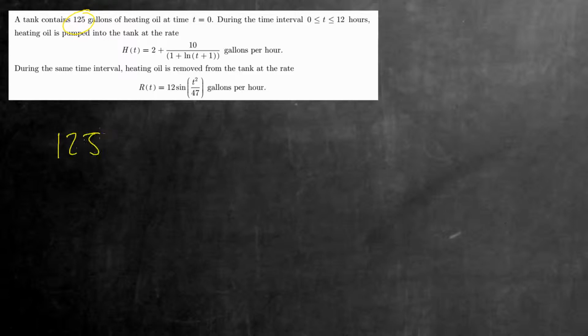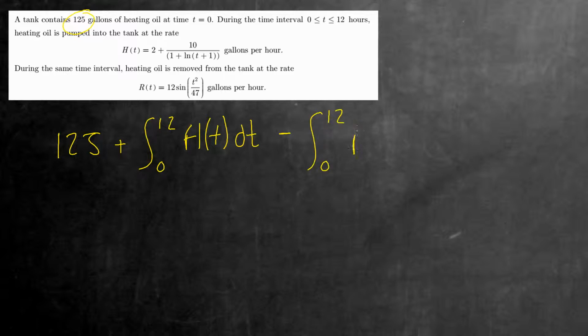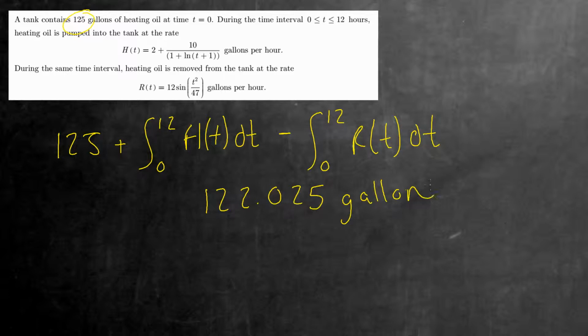If we've got 125 and we've added in 0 to 12 everything that we've pumped in, the rate of h of t, minus everything we've taken out, the rate of r of t, straight up in the calculator, we should get 122.025 gallons.